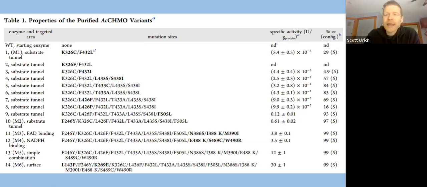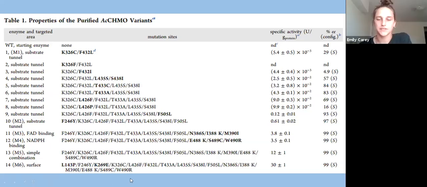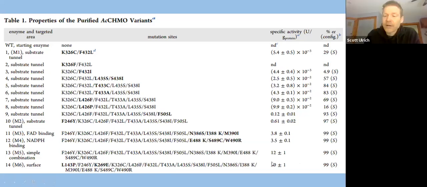The bigger that number is, the better a catalyst the enzyme is for that particular reaction. So clearly the last one is definitely the winner because it has a specific activity of 30 units per gram, which is the highest one, and it maintains that high EE of the product.